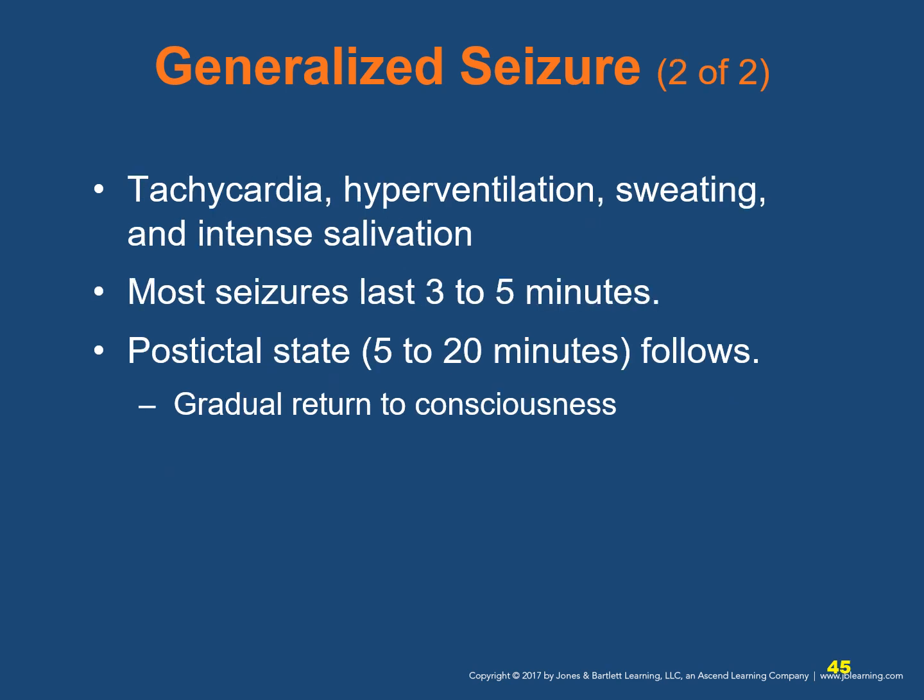The patient exhibits tachycardia, hyperventilation, sweating, and intense salivation. Most seizures last 3 to 5 minutes. A postictal state of 5 to 30 minutes follows, in which the patient is unresponsive at first and then gradually begins to regain consciousness.